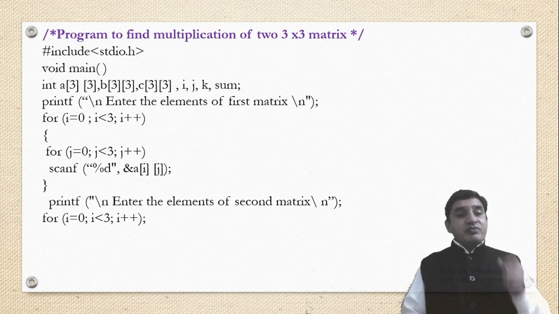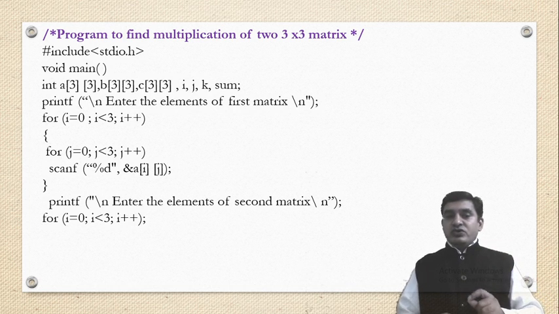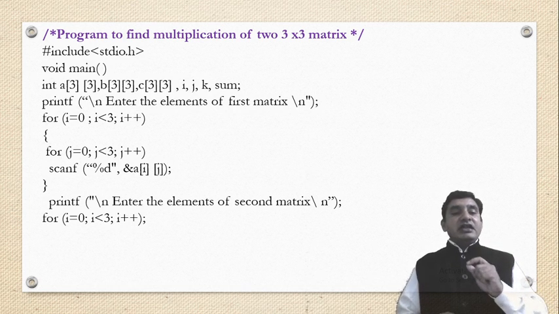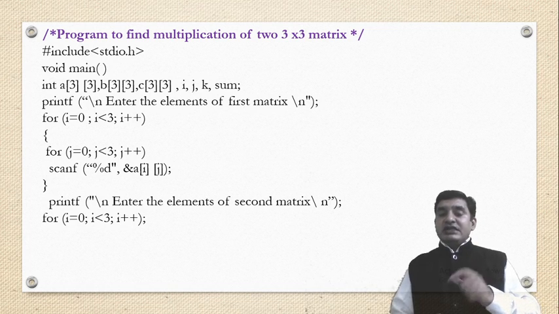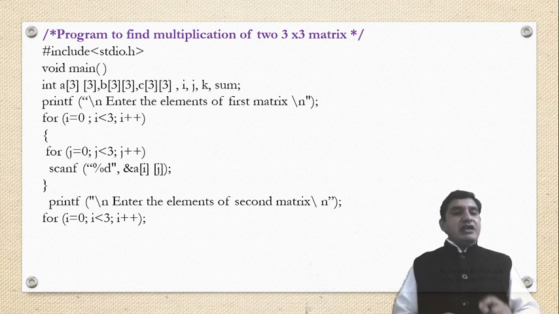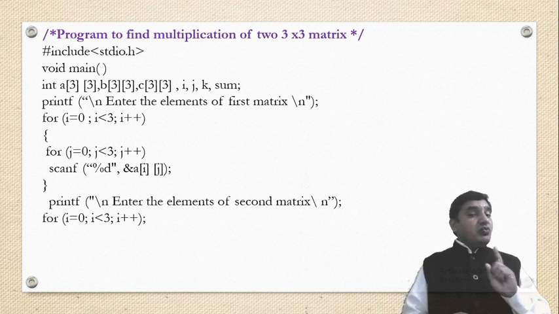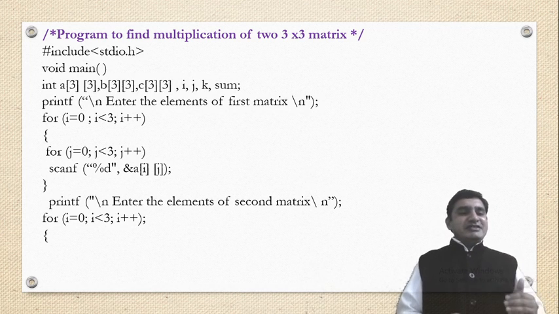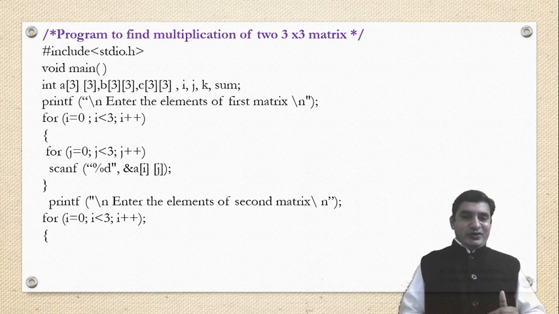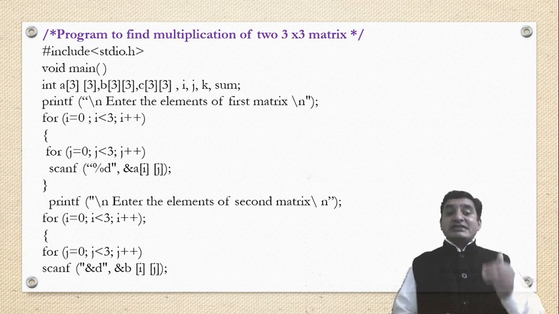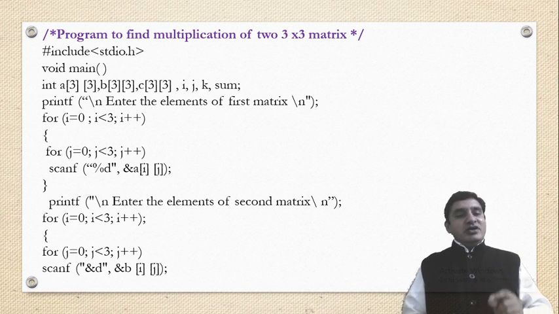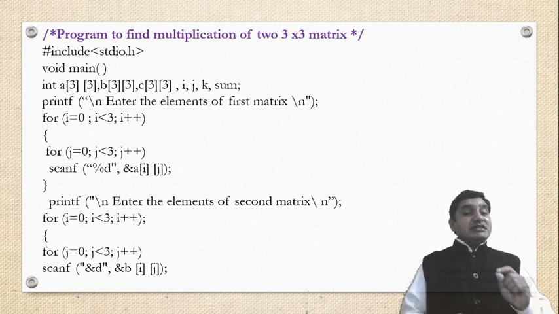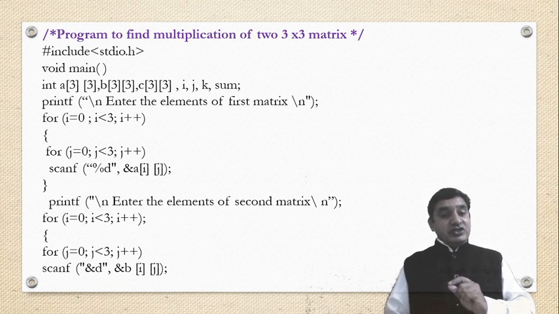Again we use a for loop, i is equal to 0, i is less than 3, i is incremented, that is, the value of i is 0, 1 and 2. Now again there is a loop inside the loop. This loop is executed until the condition is satisfied, that is, i is less than 3.